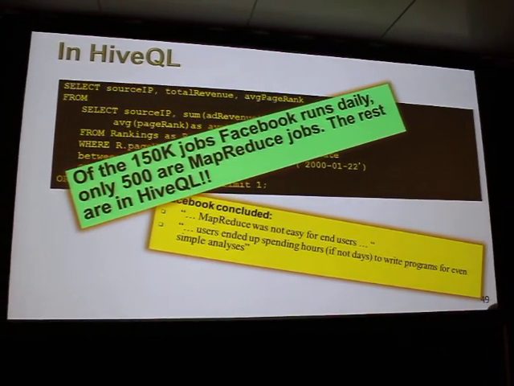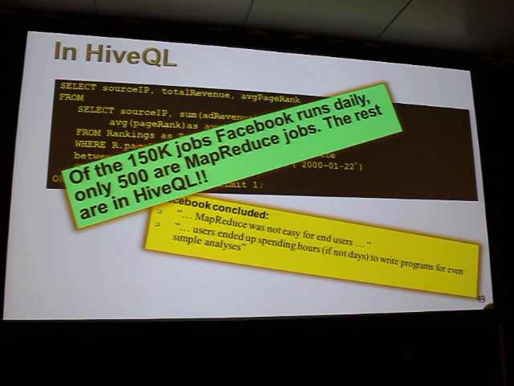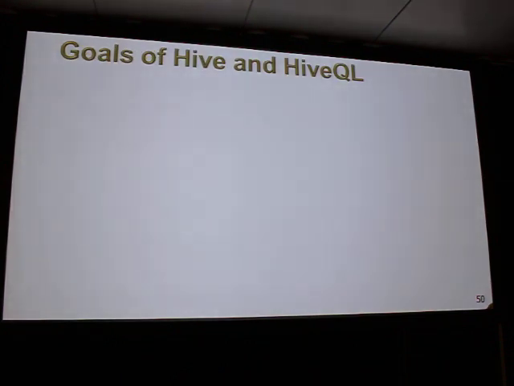I got this from one of my close friends who works there. Of the 150,000 MapReduce jobs they run on a daily basis, only 500 are real coded MapReduce ones. The other ones are Hive queries, to give you a compare and contrast of how this is done.